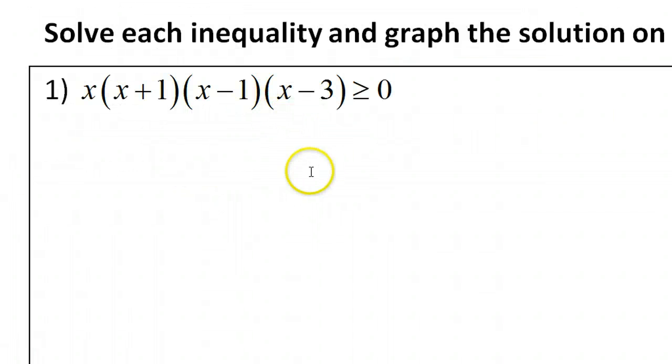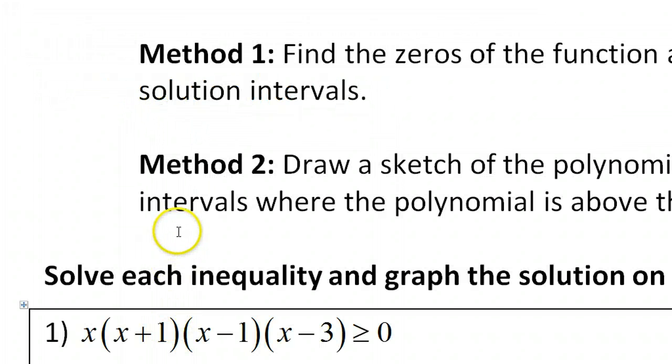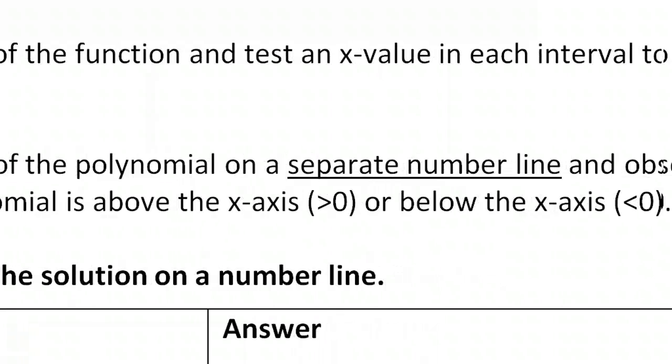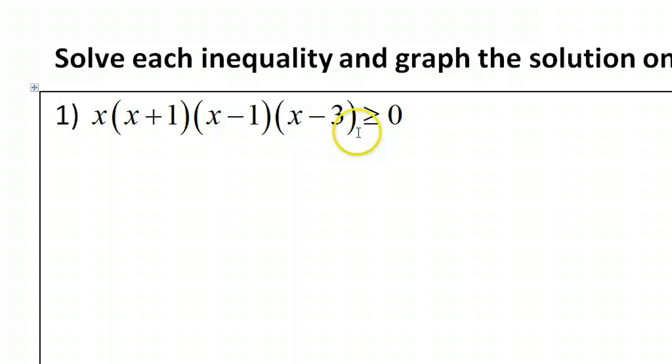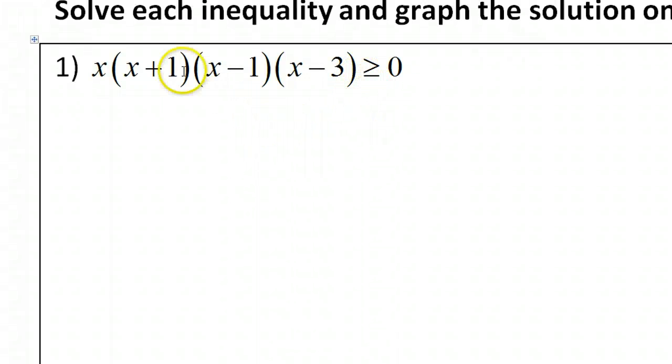I'm going to do problem number 1 both ways, and then after that I think I'll just switch back and forth. But first, let me go ahead and do it using method 1, which is find the zeros and then do test values. Test an x value in each interval to find the solution interval. So I'll do method 1 first.